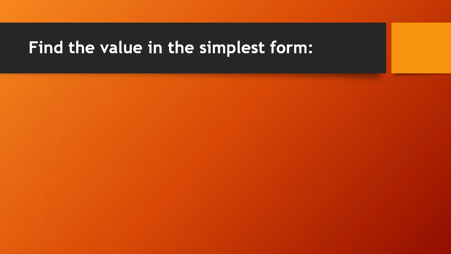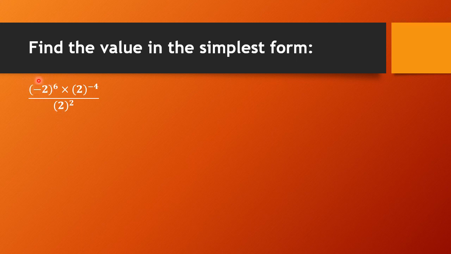Find the value in the simplest form: negative 2 power 6 times 2 power negative 4 over 2 power 2. In this exercise, we can notice that this base is negative, but all the other bases are positive.